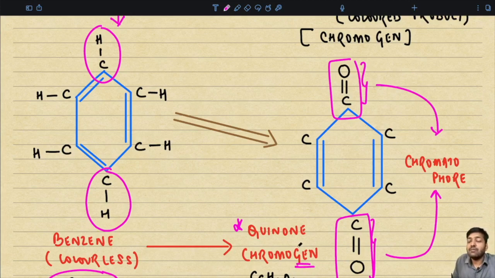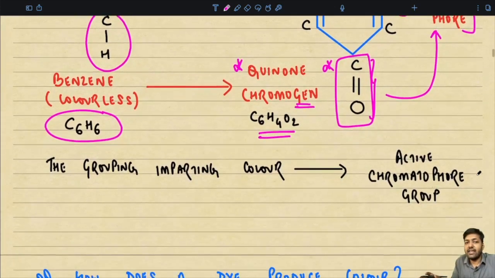This compound is colored because of the chemical modification. The hydrogen is replaced by the oxygen, and these groups which participate in production of this colored compound are called chromatophore. I hope this is very clear to everyone.